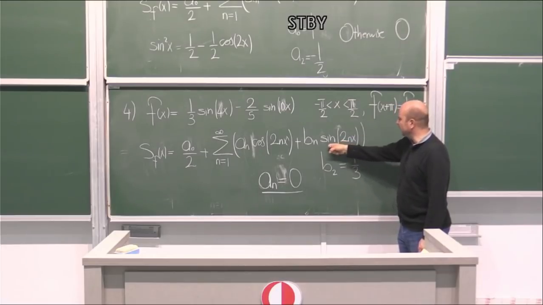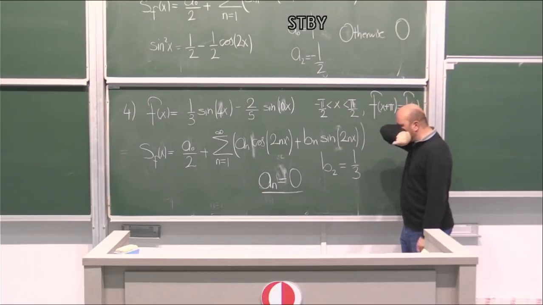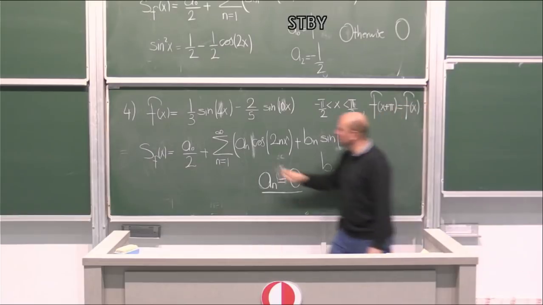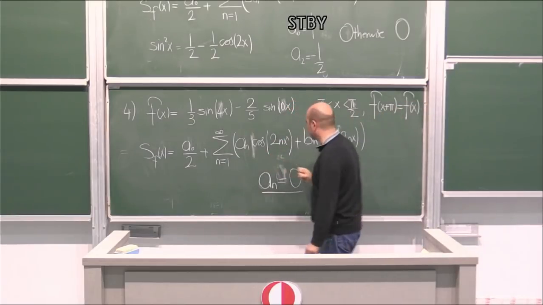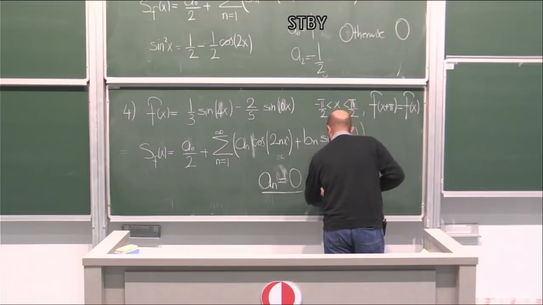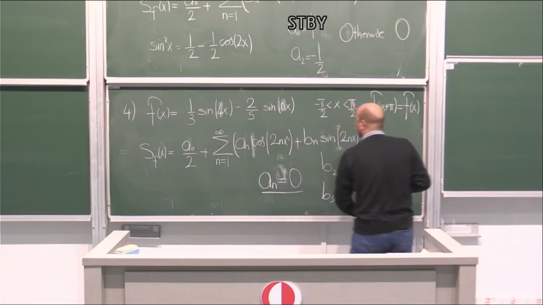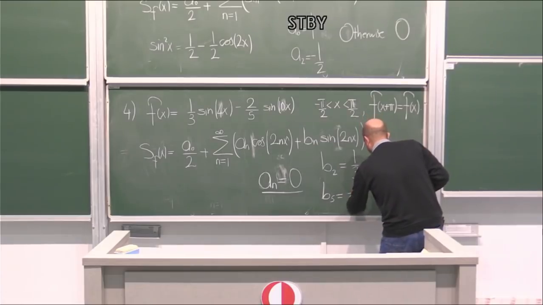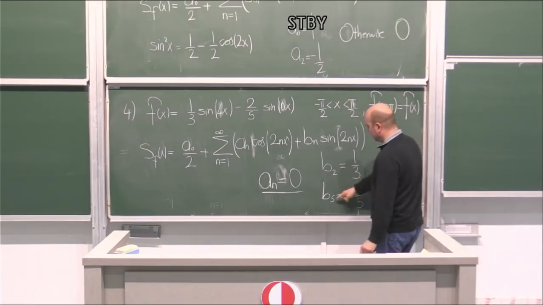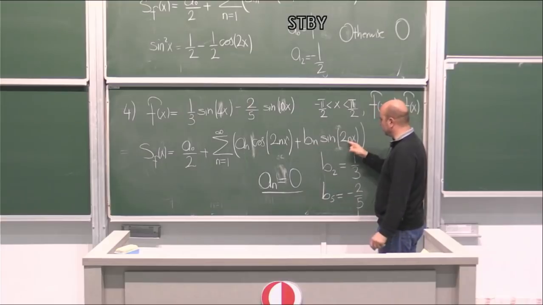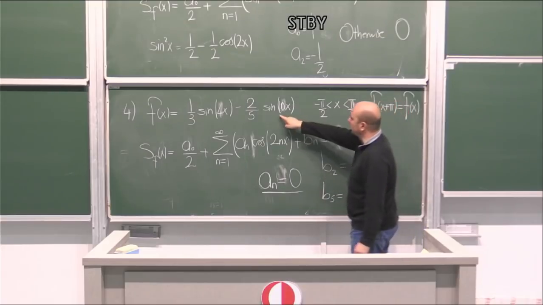So I will catch sine 4x when n is 2, and with b2 equal to 1 over 3 I will get this term. Similarly, if you take b5 as minus 2 over 5, then 5 times 2x is 10x, so I will catch this term.